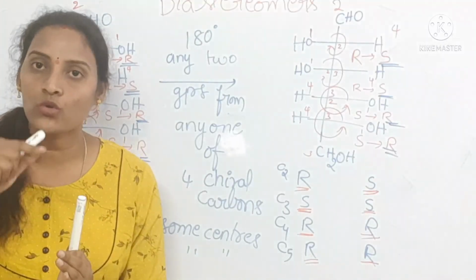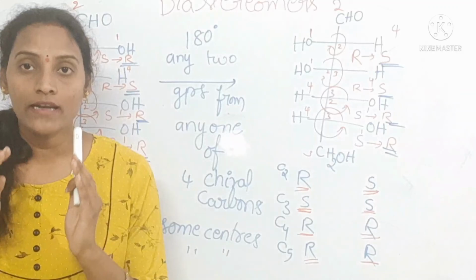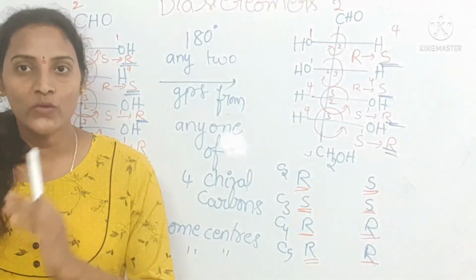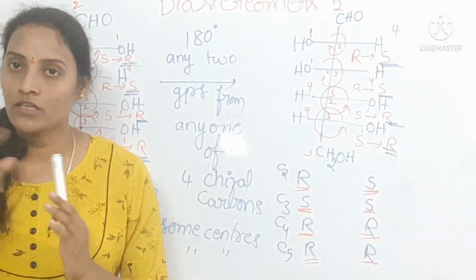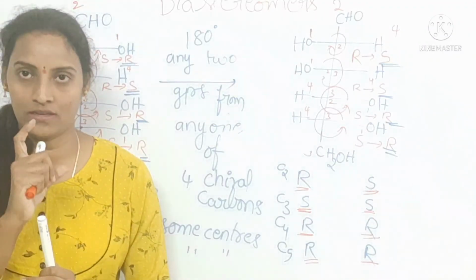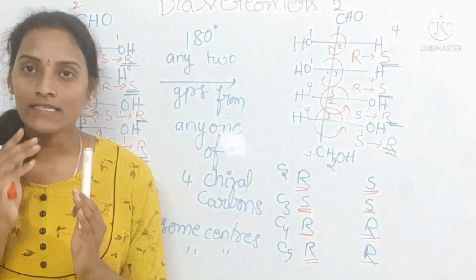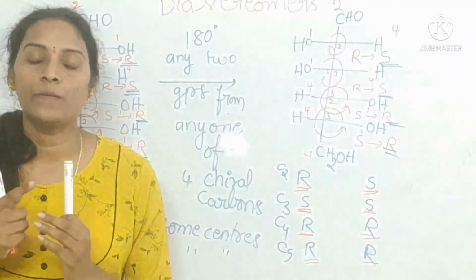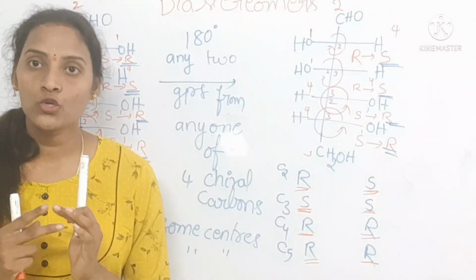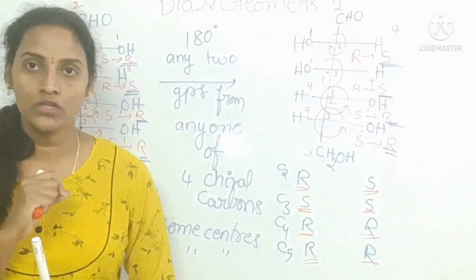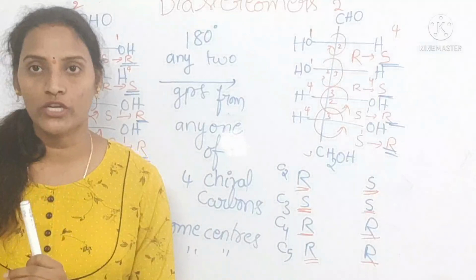At that time, if you rotate all groups by 90 degrees, you will get the enantiomer of that isomer.